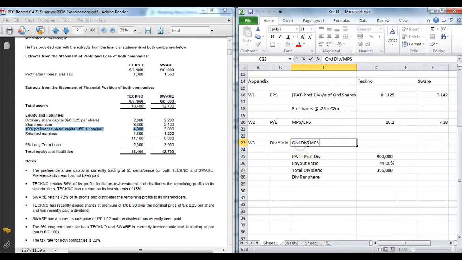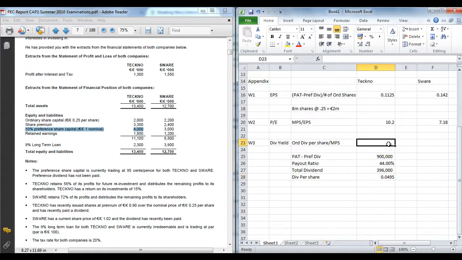So that should read there, the ordinary dividend per share. Because if the market price is per share, you need to have the dividend per share. So it's 396 over 8 million shares, as we've calculated in the earnings per share calculation. We've 8 million shares, which is about 4.9 cents per share.